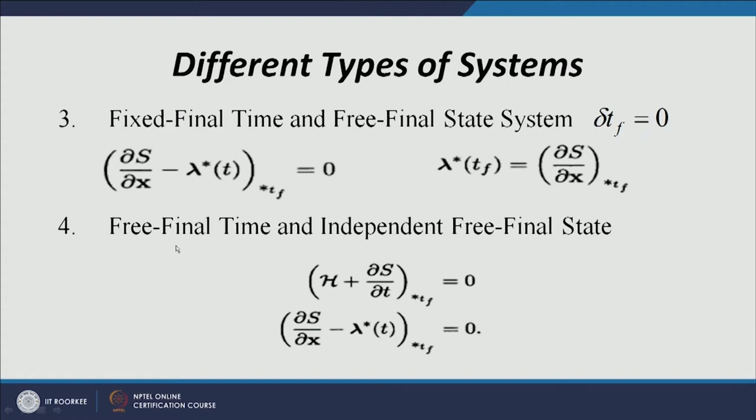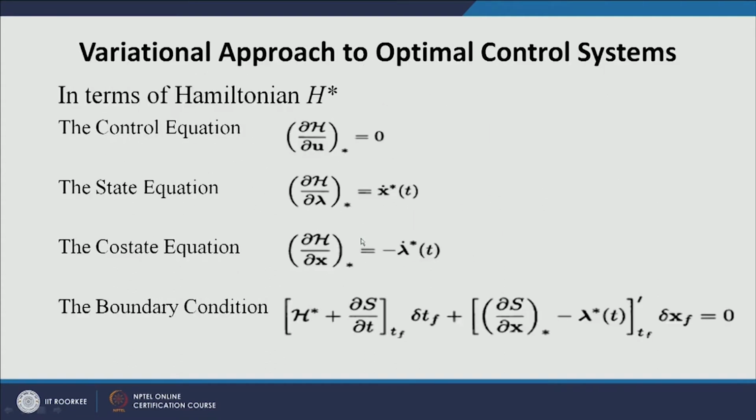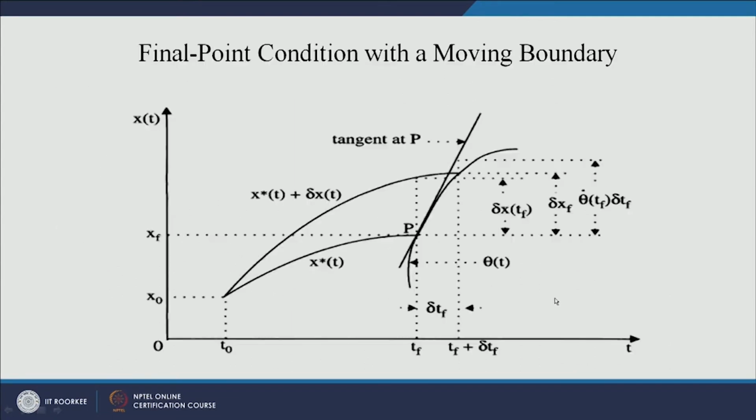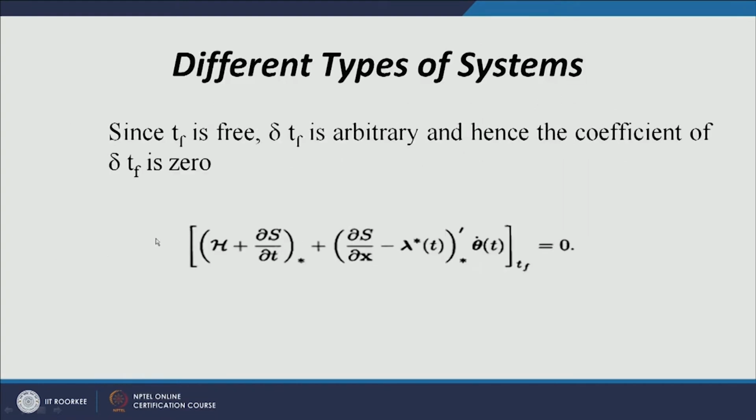The fourth and the fifth case: we have the free final state and the free final time, but in the first case both are independent, so the coefficients of both delta Tf and delta Xf are independently 0. If it is dependent by a curve, say theta t, then my condition will be h plus del s by del t plus del s by del x minus lambda prime theta dot t equal to 0.